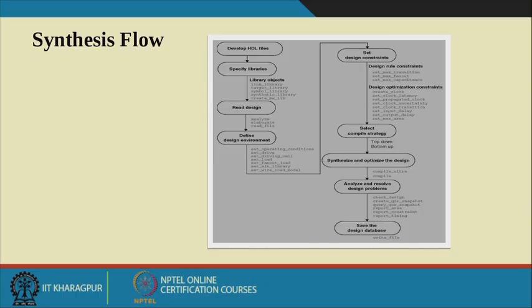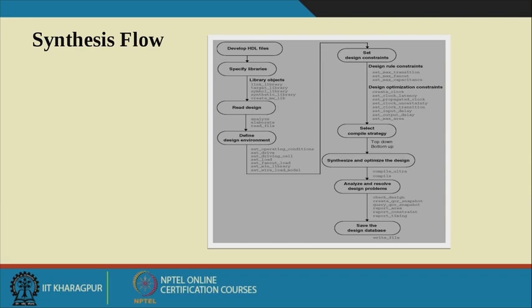In the synthesis flow, first you have to develop the HDL files, then specify the libraries. There are several commands in Design Vision which are associated with loading the library or connecting the library to Design Compiler, such as link library, target library, symbol library, synthetic library, and creating the MW library or Milkyway library.